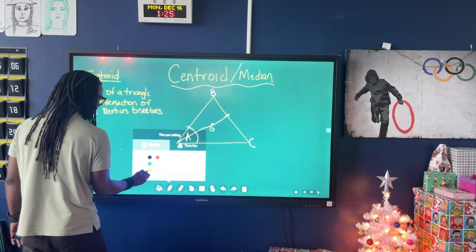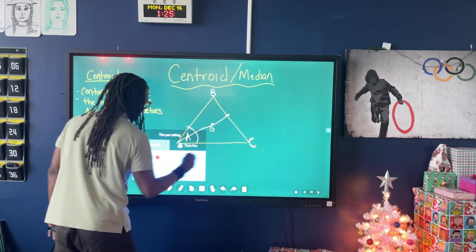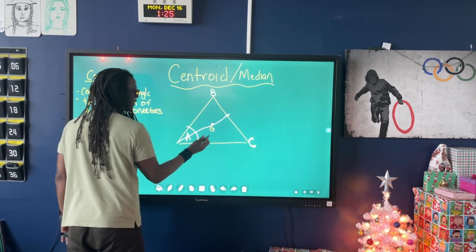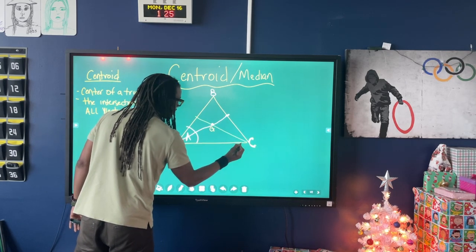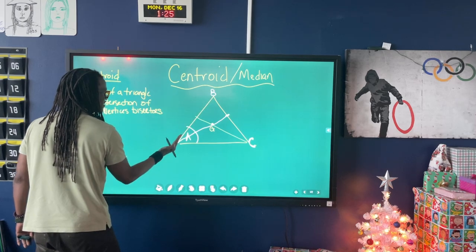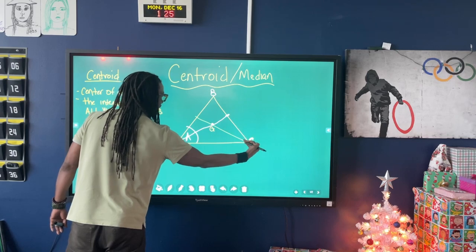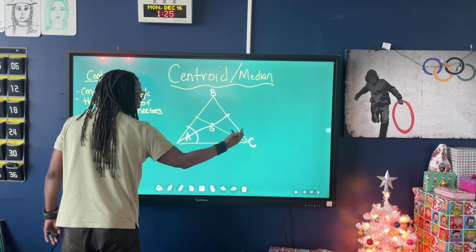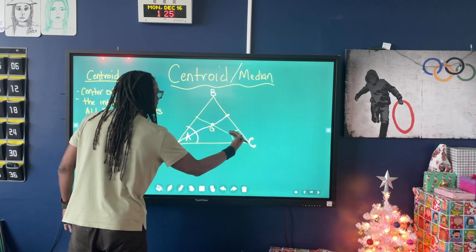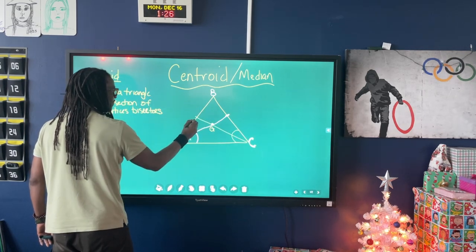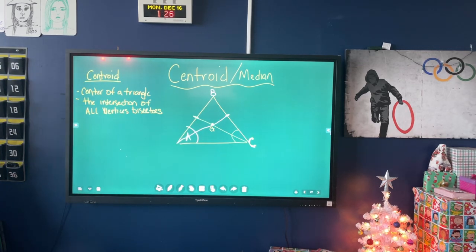If I had angle C, its angle bisector falls on the midpoint of segment AB. Are y'all with me right now?